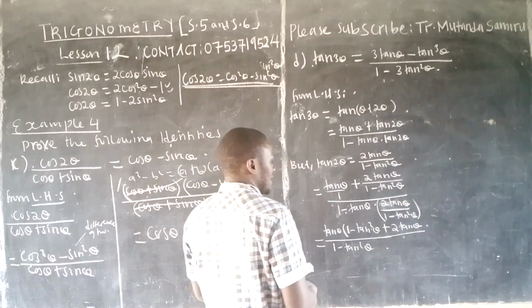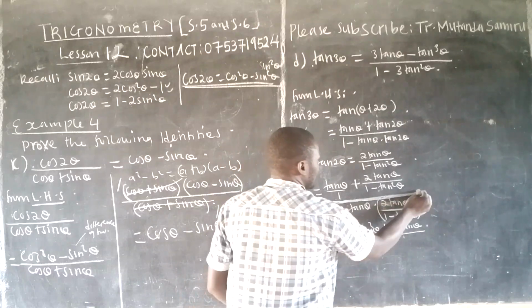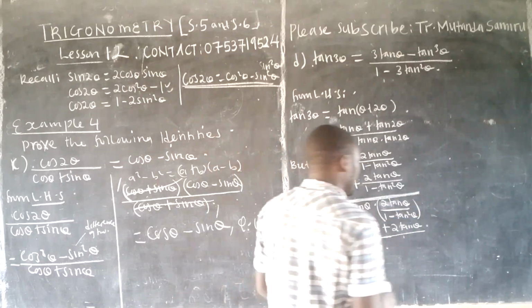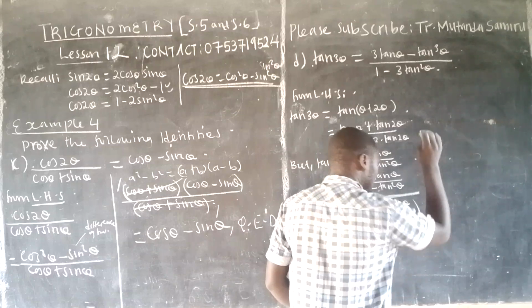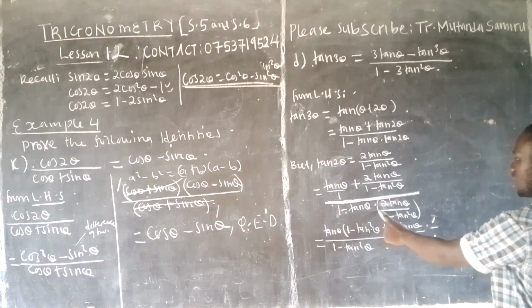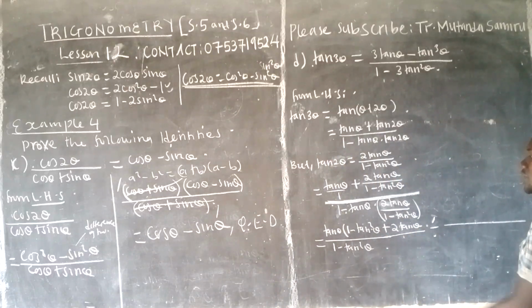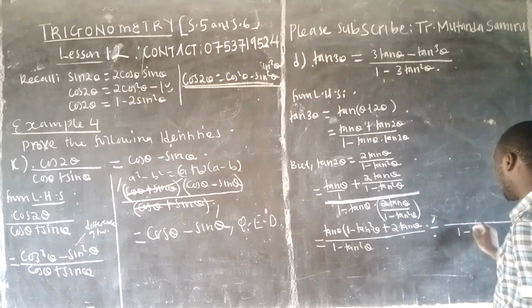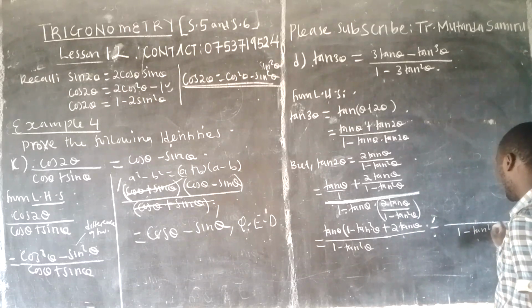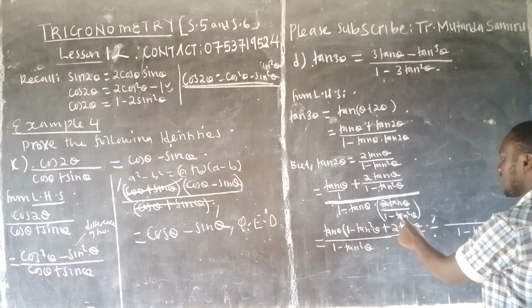Now, this one means divide, and allow me put here just a division symbol. Then I look at the denominator: the LCM is still 1 − tan² θ.